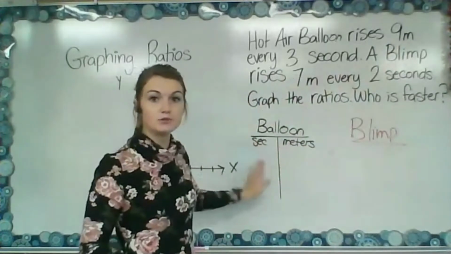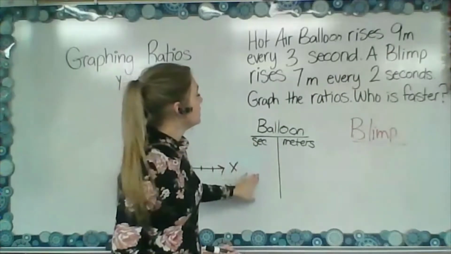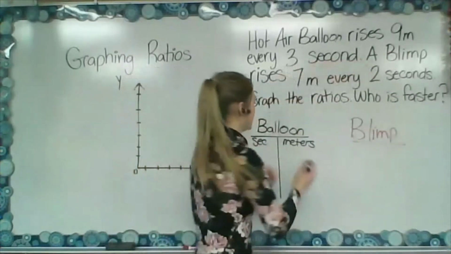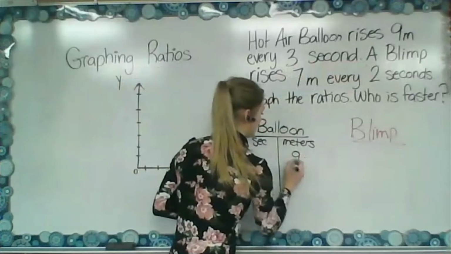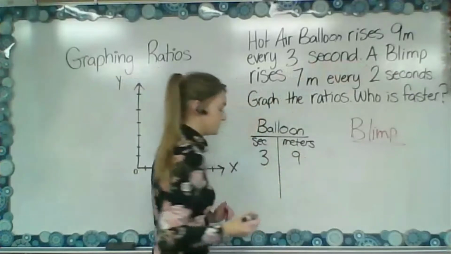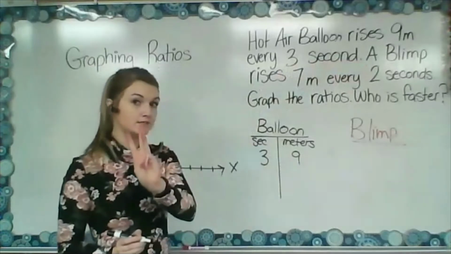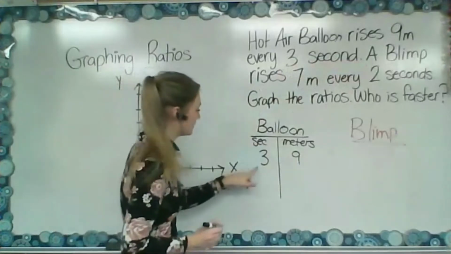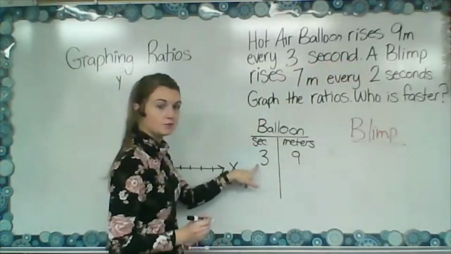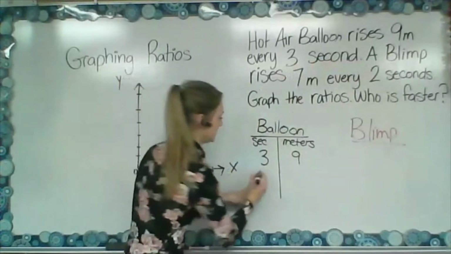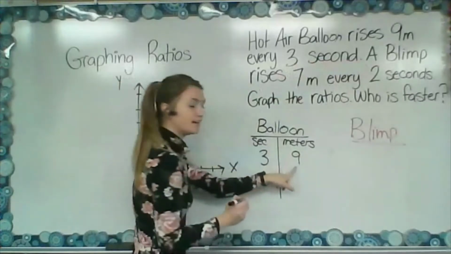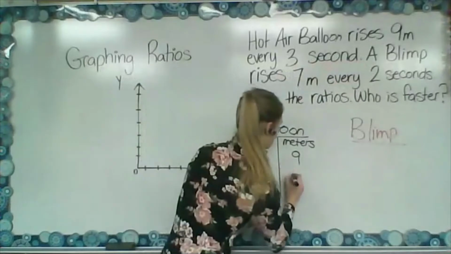We're doing the table so we can graph it. I rise 9 meters every 3 seconds. We need 3 points to make a line, so we got to keep going. This is 3. What's 3 times 2? 6. What's 9 times 2? 18.